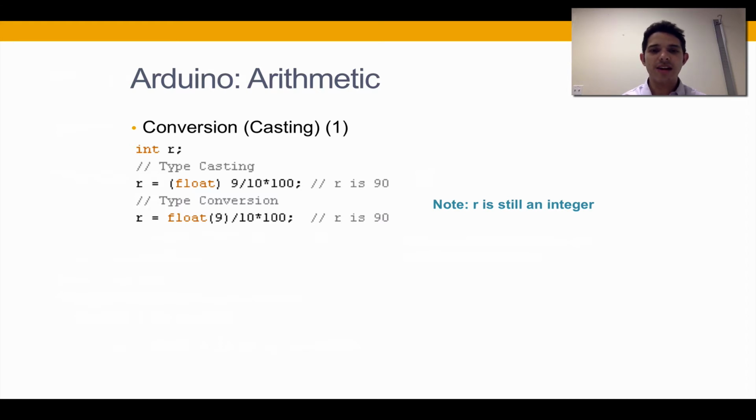So 9 divided by 10 will be computed as float variables. You'll get 0.9 times 100 produces 90. And then it'll convert that back to an integer, which will be assigned to the variable r.